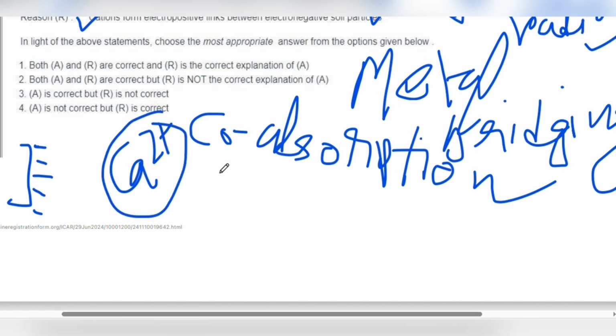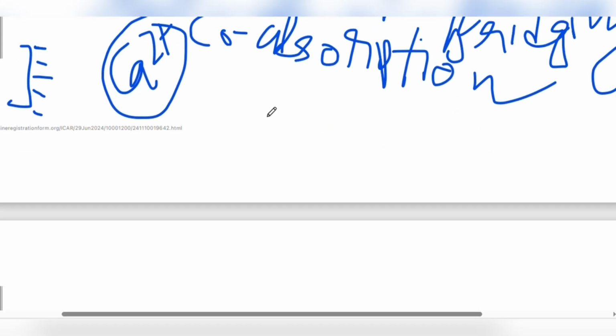So what happens in co-adsorption is, here is one soil colloidal particle, say hypothetical, and there is another soil colloidal particle. In the middle, calcium sits and it forms the bond with both the colloidal particles at the same time, thereby calling it a metal bridging or co-adsorption.